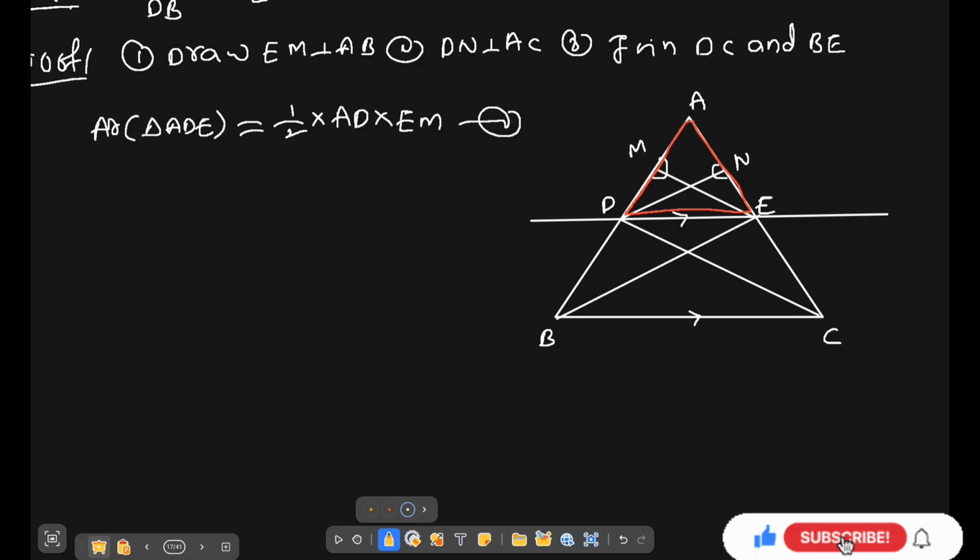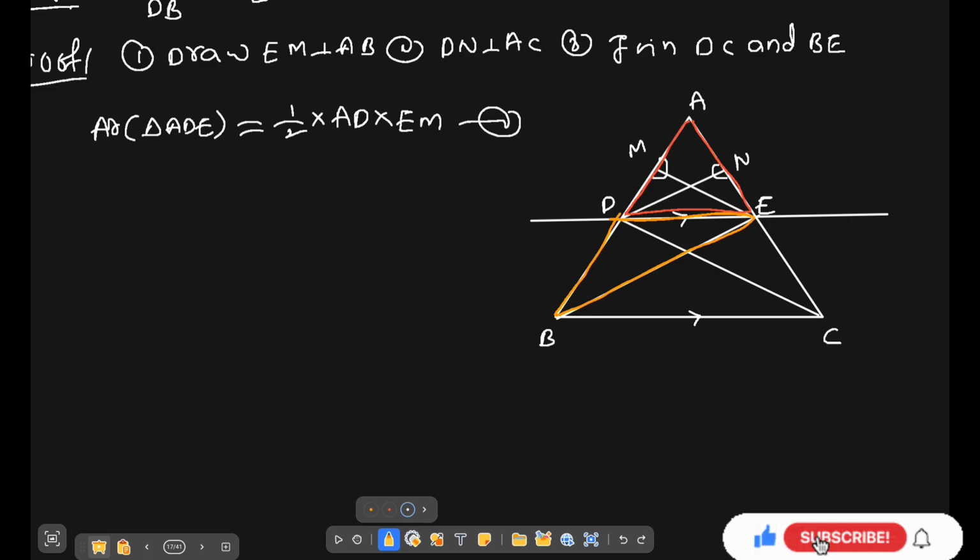Now let's find the area of triangle DBC. Sorry, it is not the area of triangle DBC, it is the area of triangle DBE.